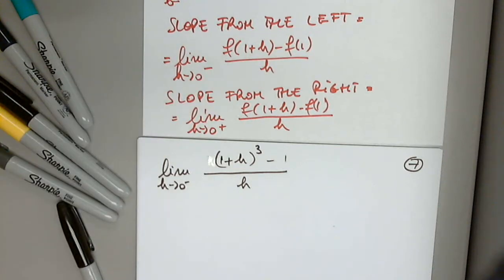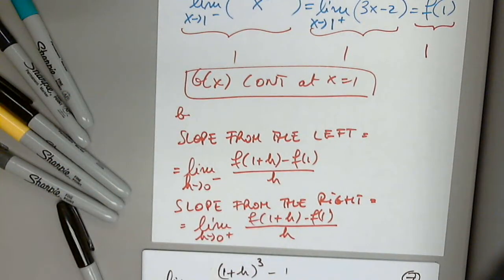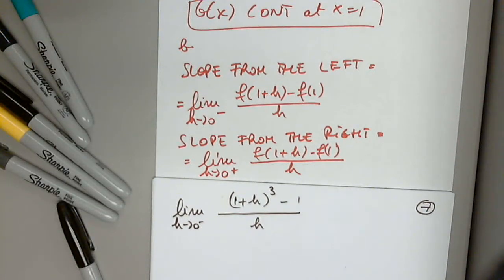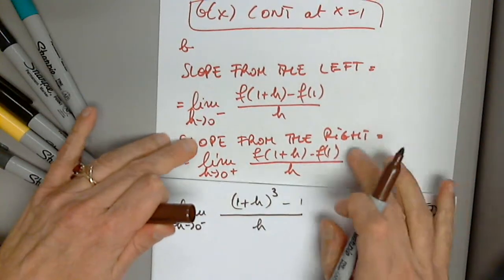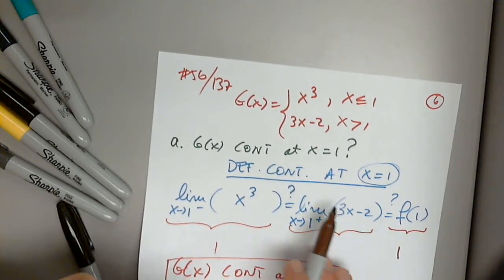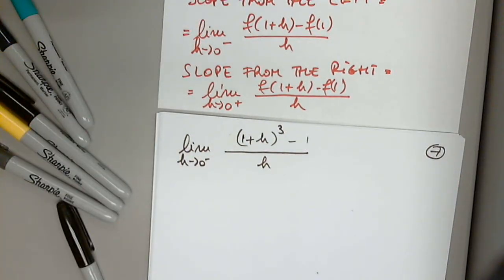Normally in the original problem, it's f of 1 plus h minus f of 1. We have to plug 1 into x, so 1 to the third is 1. Oh, but 1 cubed is 1. I'm sorry, I should have mentioned that. But normally you would plug it in, it just happens that 1 cubed is still 1. So this is f of 1. For example, in the second one, f of 1 will still be 1, as we just determined. But yes, you will have to plug 1 into the function. Good. Okay.